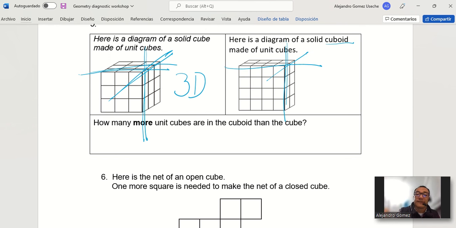Over here we have 4 by 4 by 2. So it is a kind of rectangular prism. If it weren't built by unit cubes, but were only one structure, it would be a rectangular prism. Yeah, not a cube. So that's it.